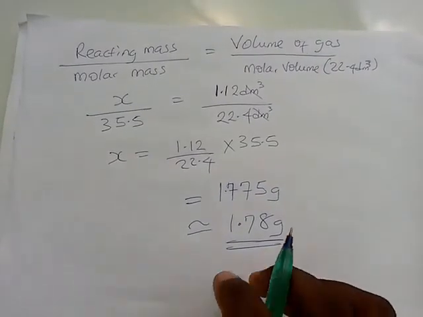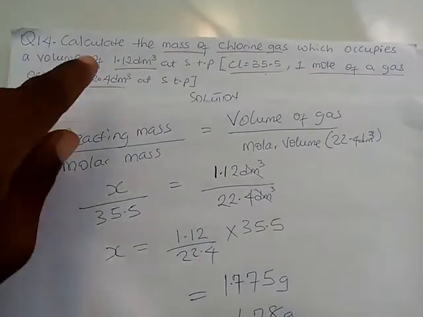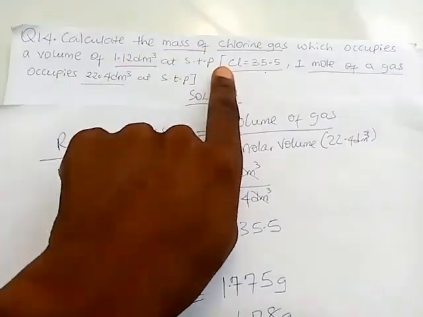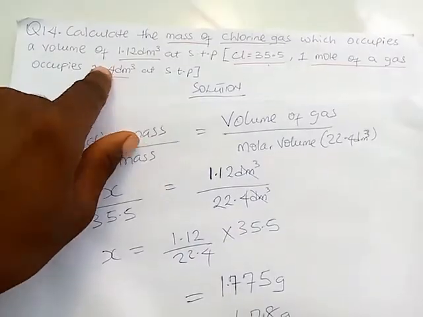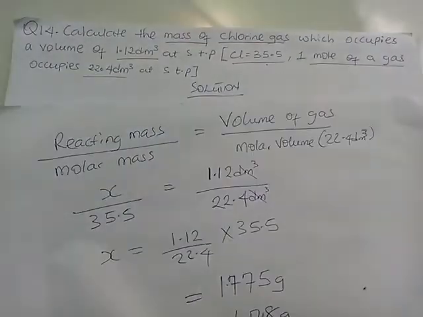So this is the mass of chlorine gas which occupies a volume of 1.12 dm cube.